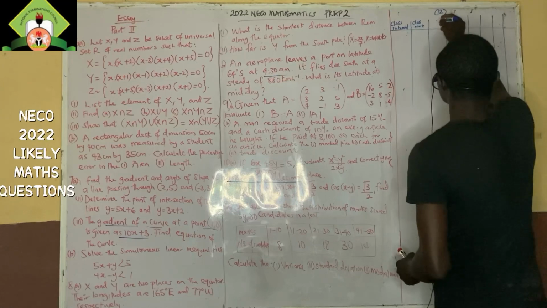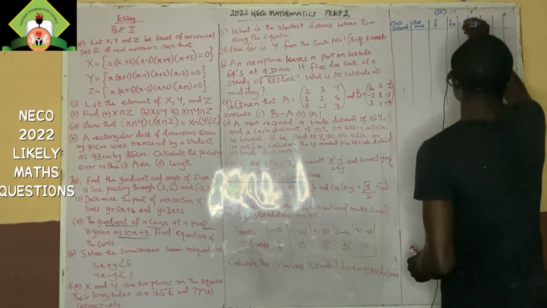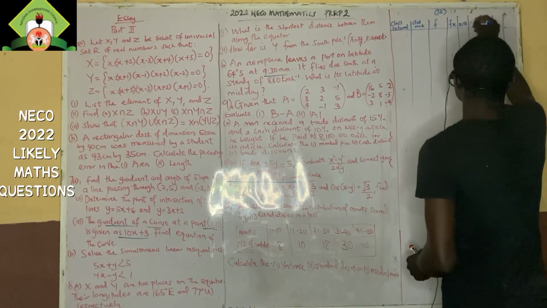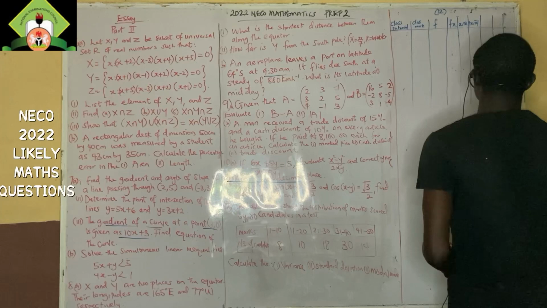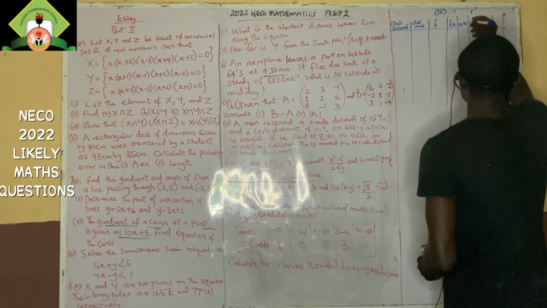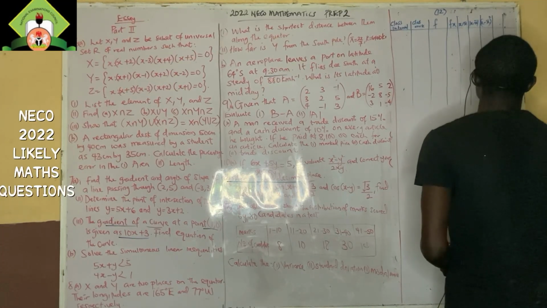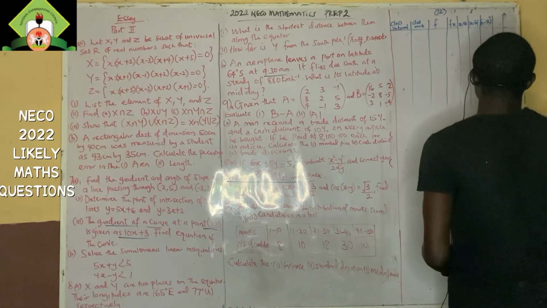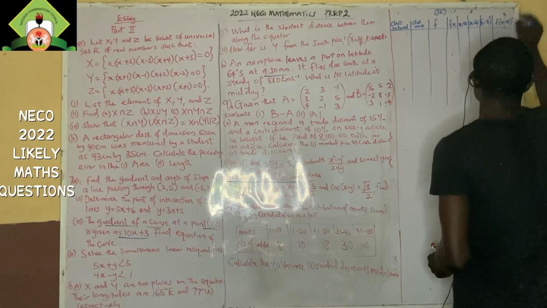Now we have the frequency, the fx, the x minus x bar, the x minus x bar absolute, the x minus x bar all squared, and f times x minus x bar all squared.